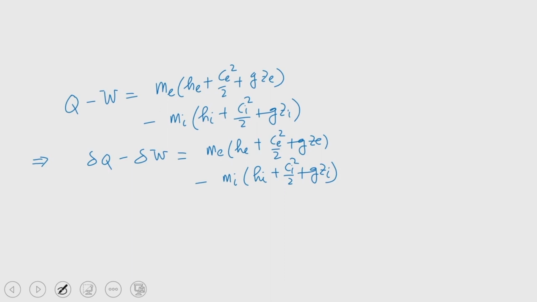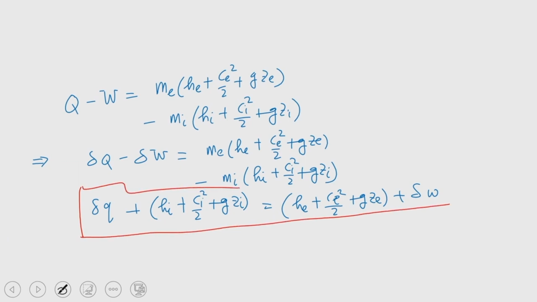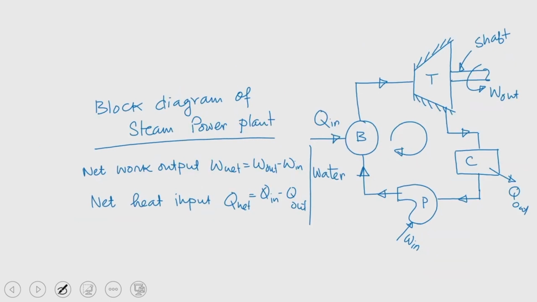We can also write in specific form, that is small δQ plus H I plus C I square by 2 plus G Z I equal to H E plus C E square by 2 plus G Z E plus δW. This is very important, and we shall be applying this particular equation while describing several processes in this particular system.